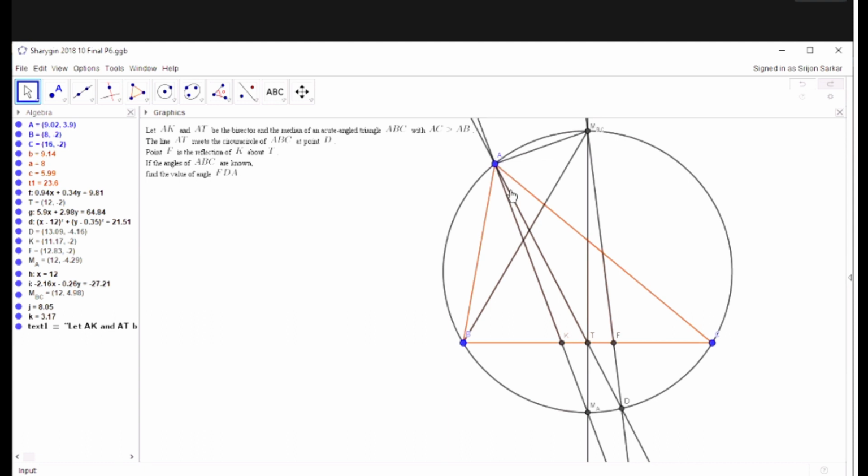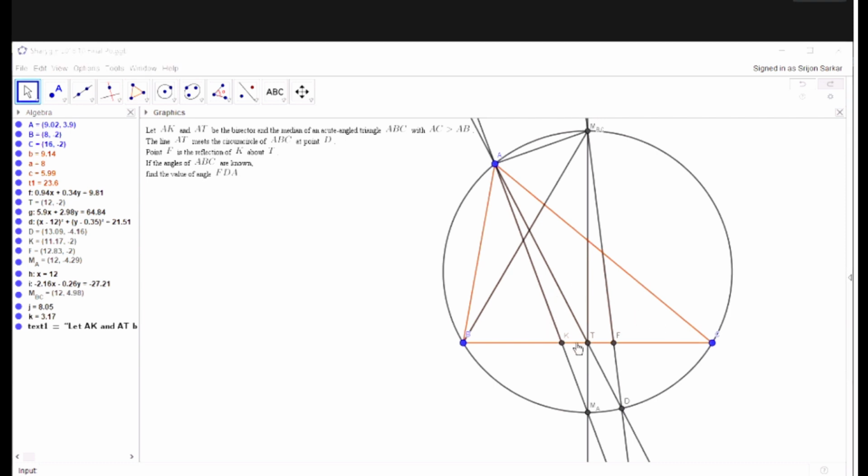Next, we mark the intersections of AM sub A with the chord BC as K, and the segment M sub BC's intersection with BC as F. So we have a chord, its midpoint, the circumcircle, and two chords passing through the midpoint T. Then we mark the intersections of these two chords with the chord whose midpoint we are mainly considering. So the configuration is clear.